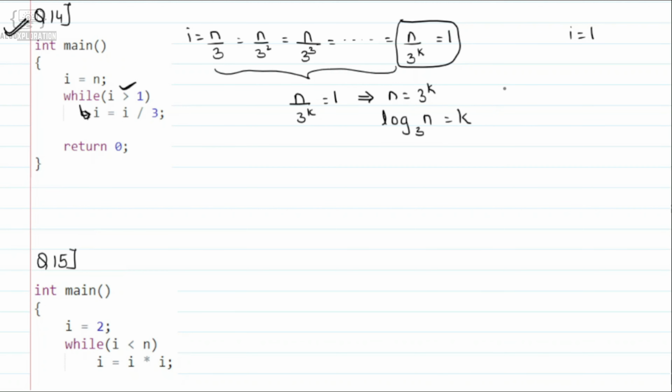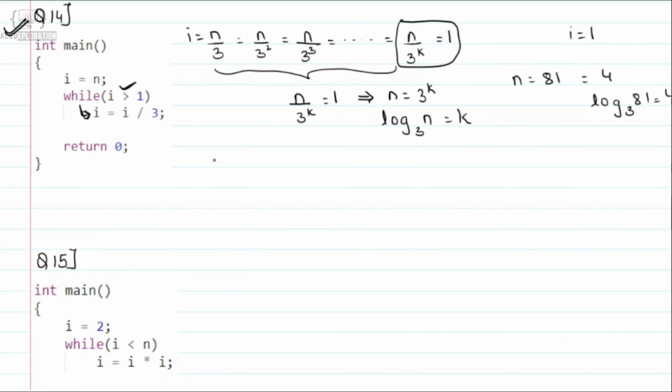Let's take an example and see. Let's take n as 81. So we should be dividing 81 by 3 for 4 times. Why 4? Log 81 base 3 is equal to 4.